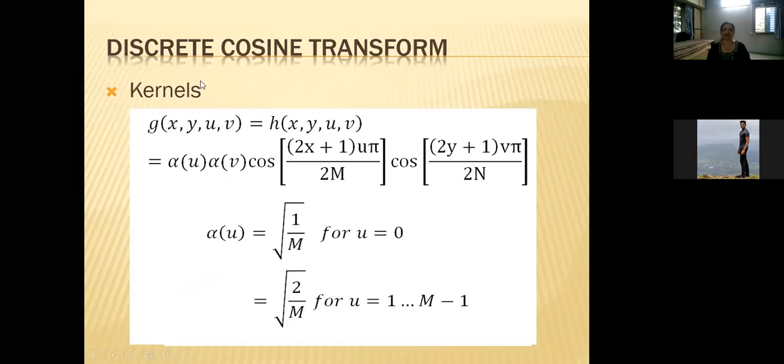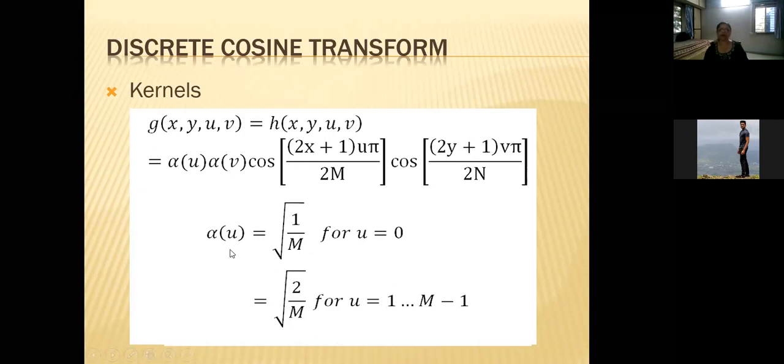So the forward transformation kernel for the discrete cosine transform is as shown here. Here alpha u, and alpha v similarly, is given by square root of 1 upon m for u equal to 0, or square root of 1 by n for v equal to 0.